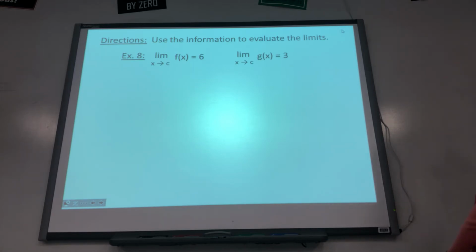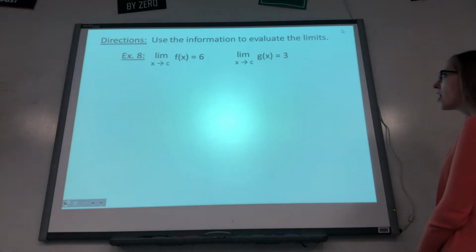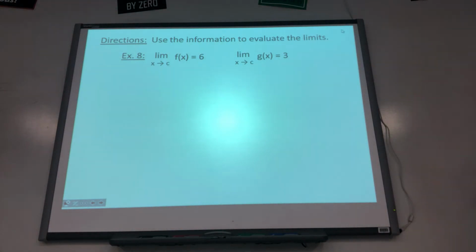And then the limit as x approaches c of g of x equals 3. Again, we don't know what c is. We don't even know what g is. All we know is that its limit is 3. Okay, so let me show you part A here.